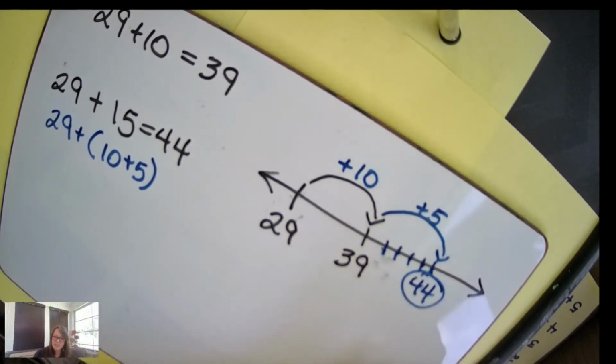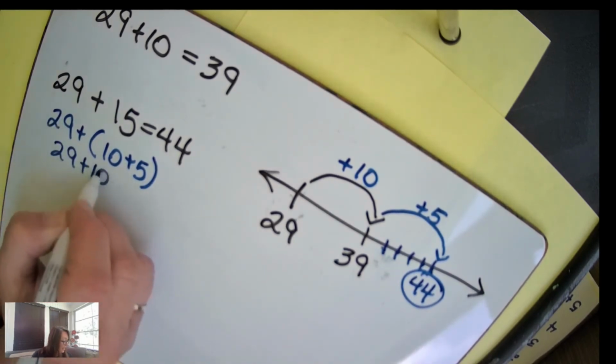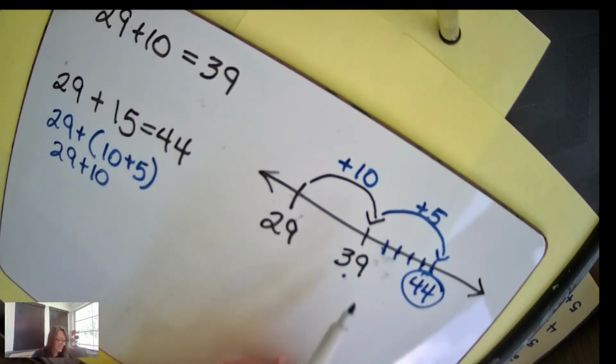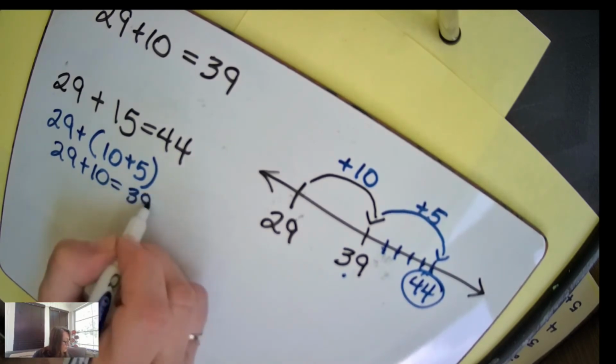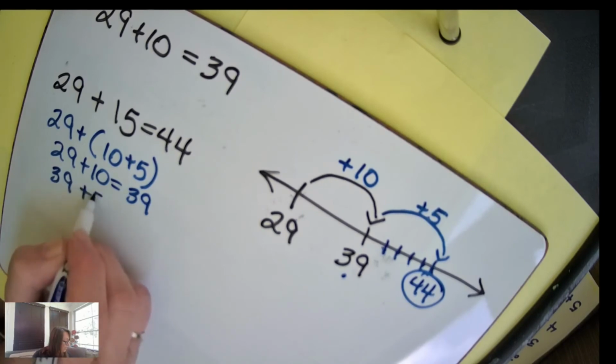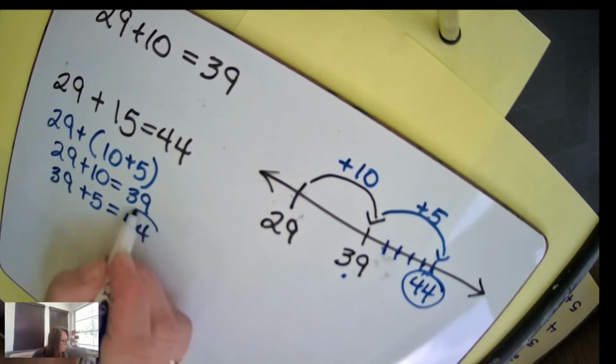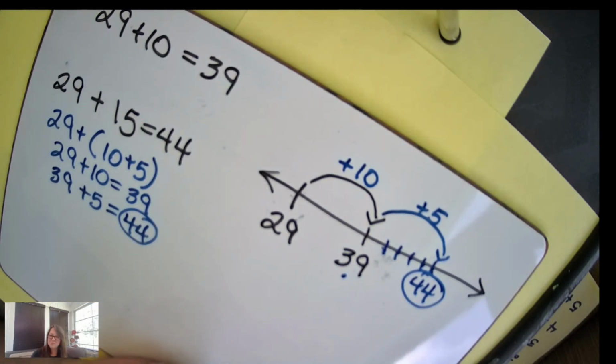And there's our answer. So 29 plus 10 is 39. And then from 39 plus 5 equals 44. Very good.